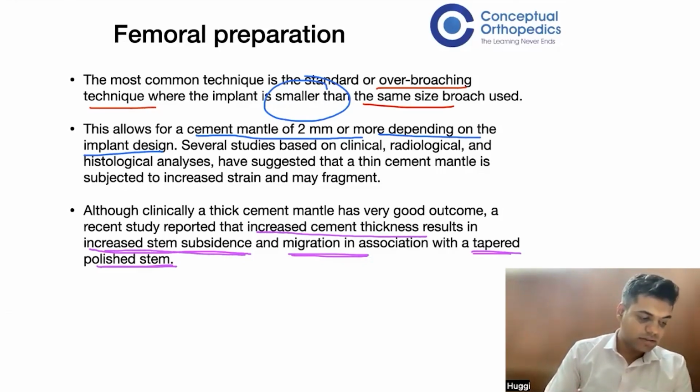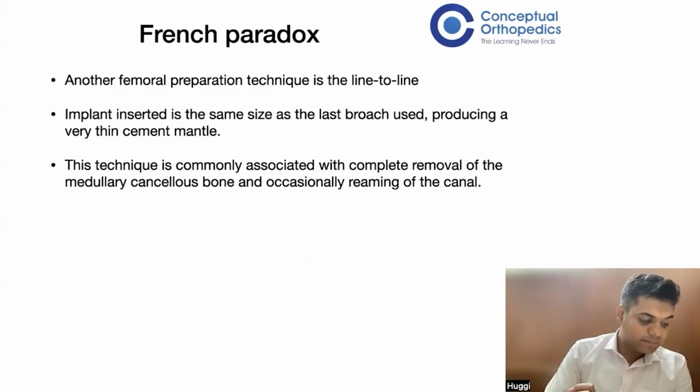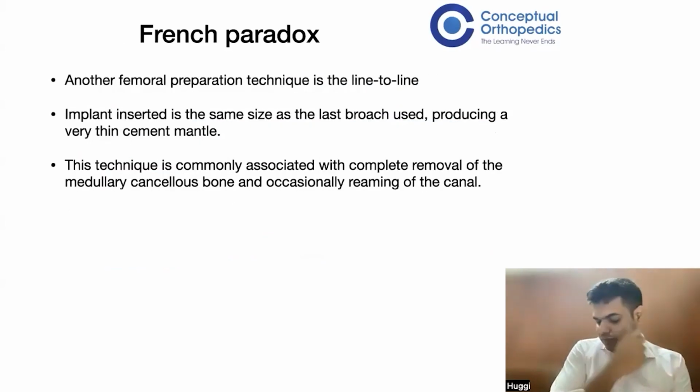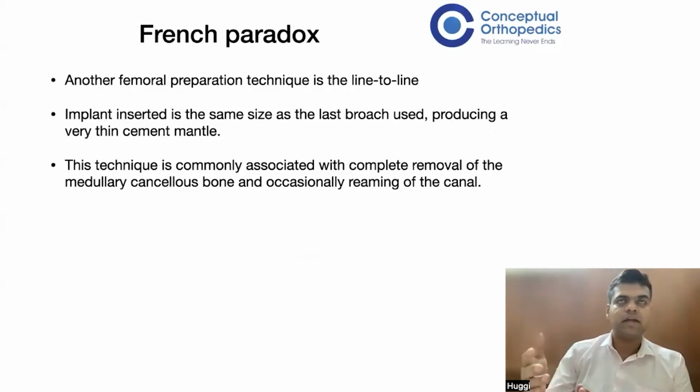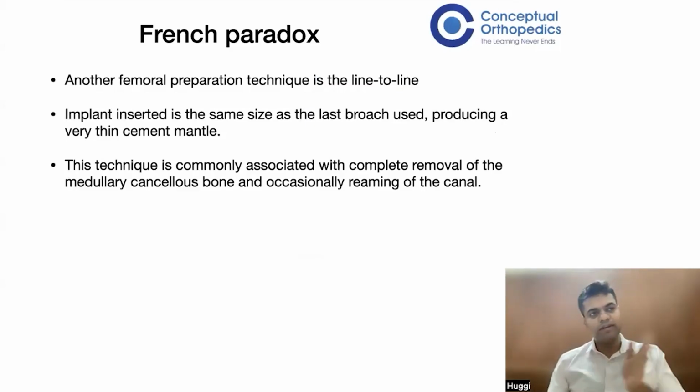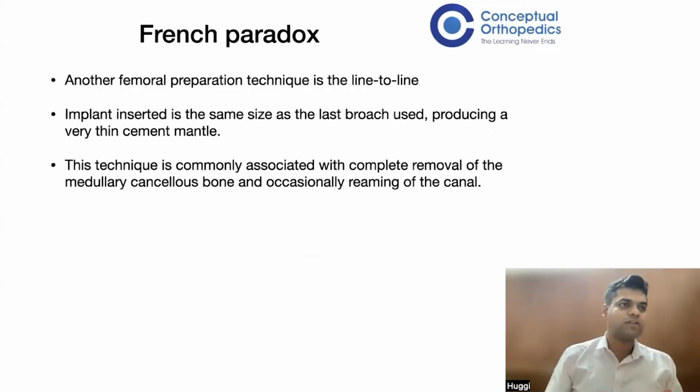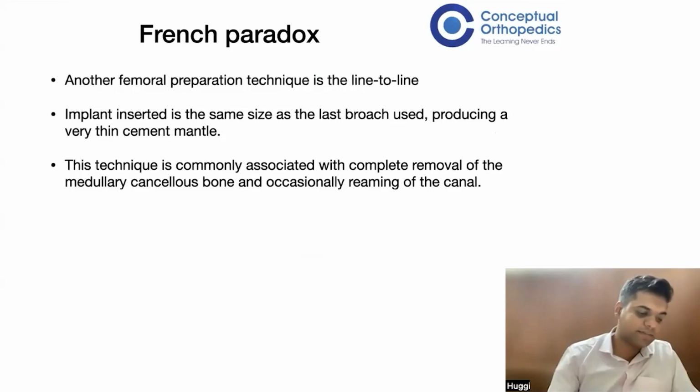Next important thing: what we discussed now is one technique, that is overbroaching. We are broaching one size higher, preparing the canal with a medium size broach and putting a smaller stem. There is something called the French paradox.